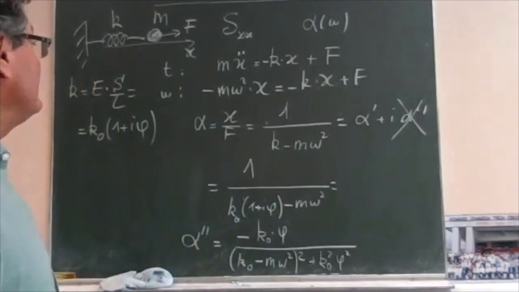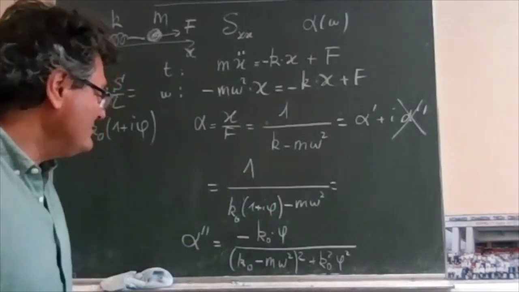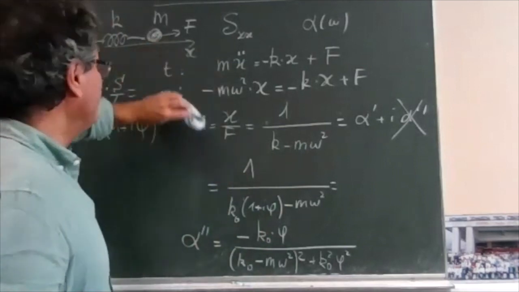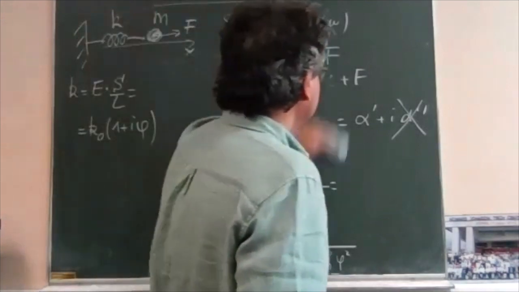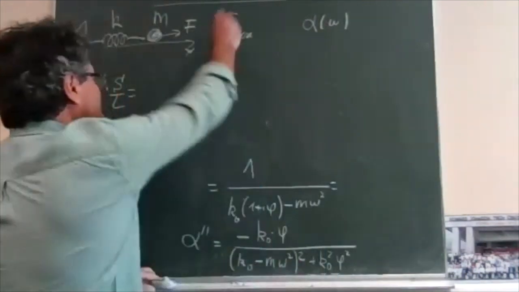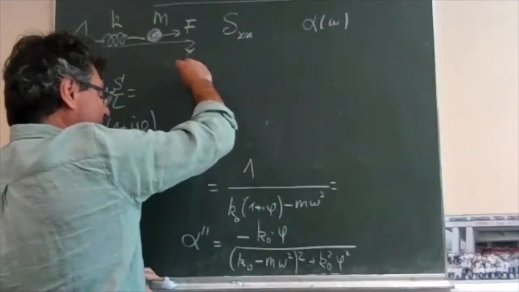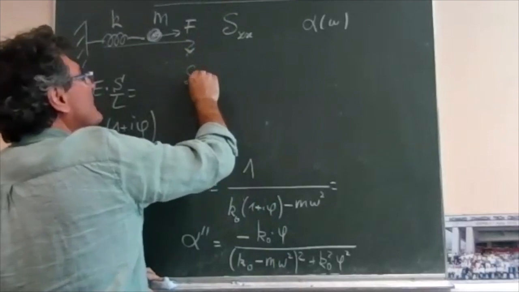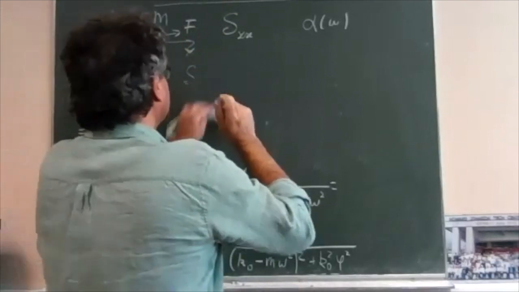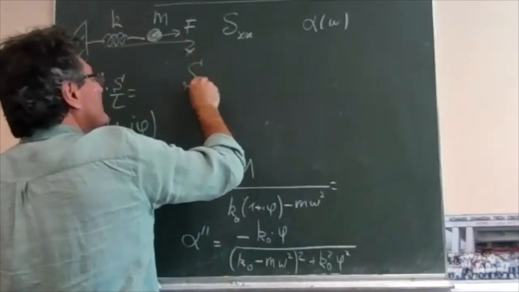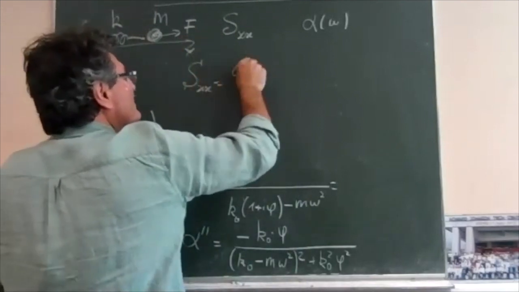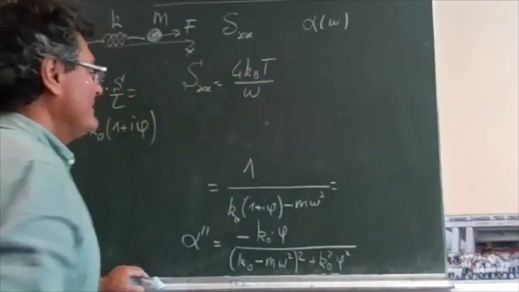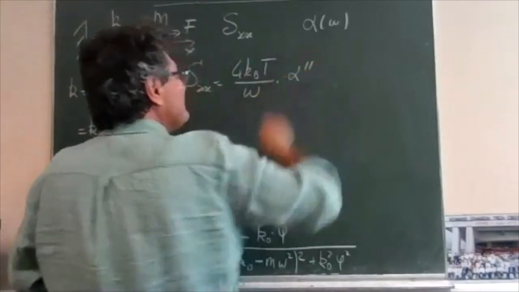Okay, so now I apply the fluctuation dissipation theorem in the classical limit. So I erase all this. S_xx is 4 kB T divided by omega times alpha second.